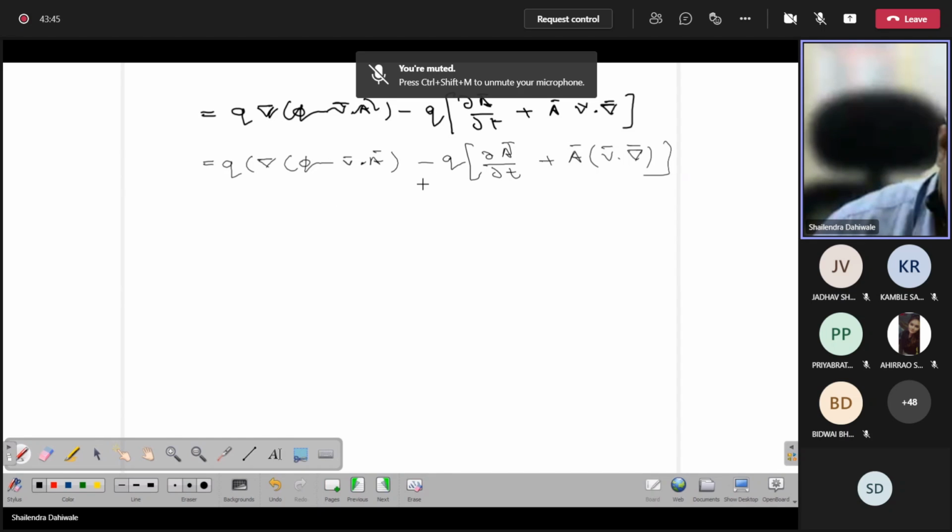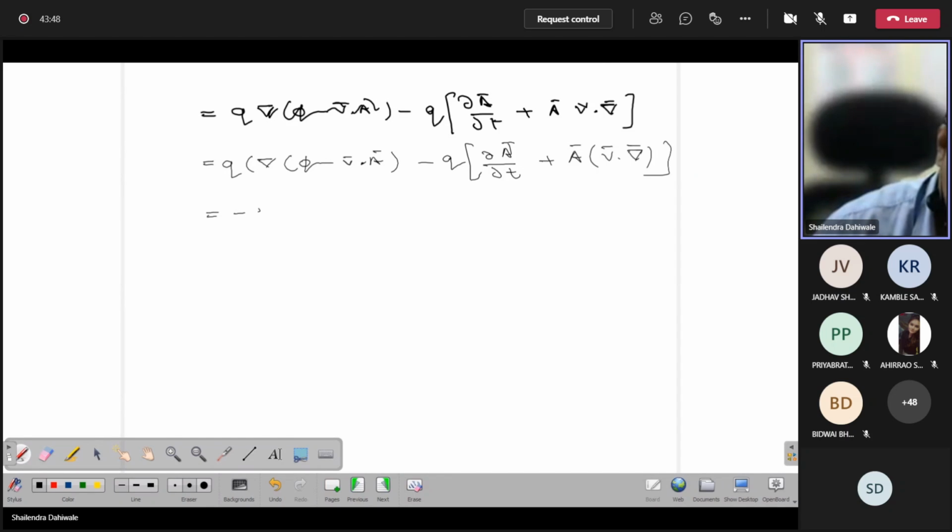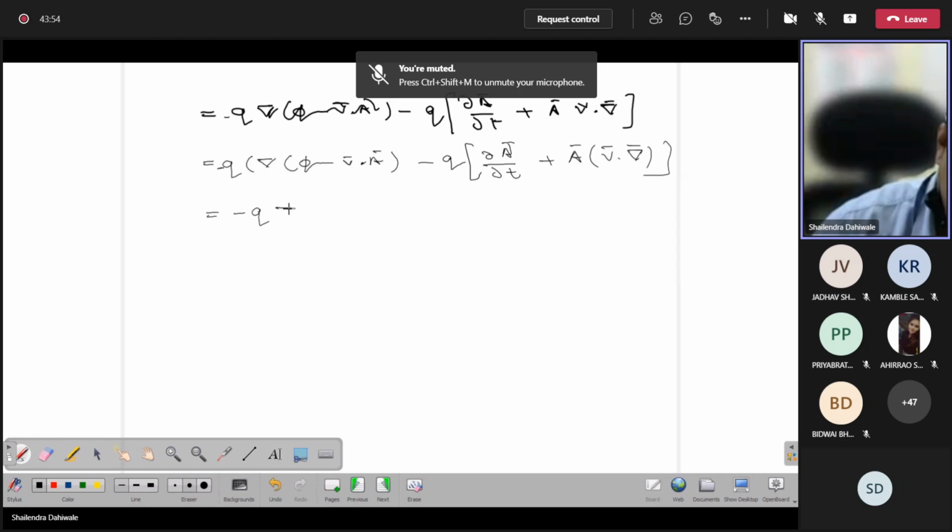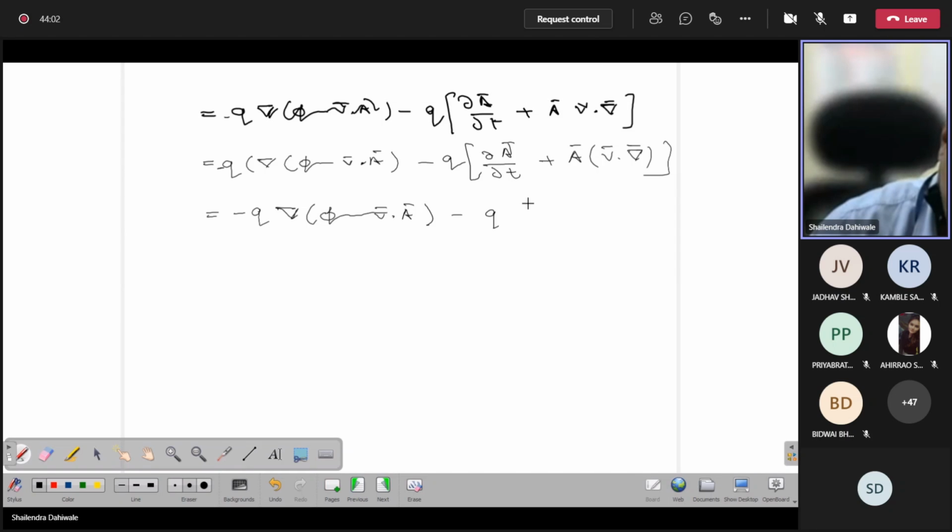Okay, and now you can write this with the minus sign as minus q del phi minus v dot A, and minus q times del t plus v dot del operated on A. This is nothing but your total derivative d/dt.